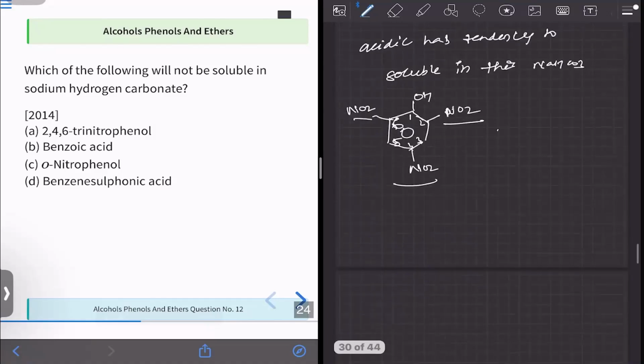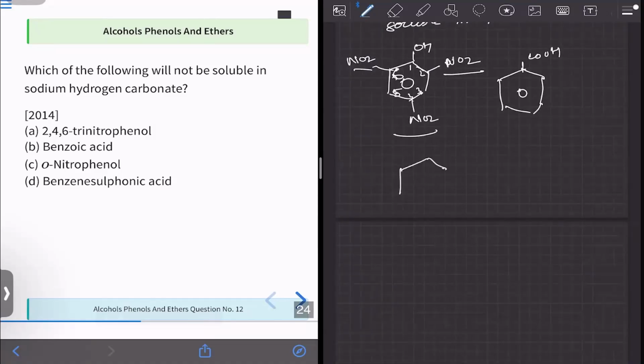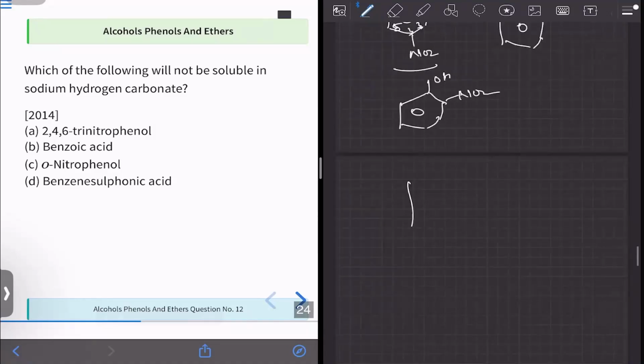Option B is benzoic acid, COOH. Option C is orthonitrophenol, OH and NO2. And next is benzene sulfonic acid.